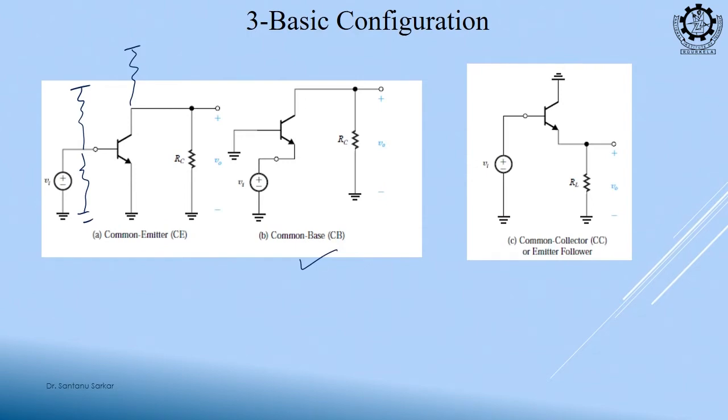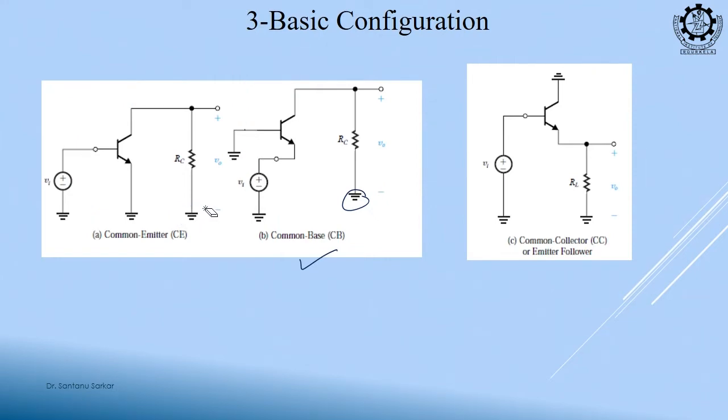Please understand this: this is not the real circuit, this is the AC equivalent circuit. The actual circuit is like this. Similarly, here it is like this, and this is connected to ground. Input source is here. So, you have to take care of all of this. Maybe you need to give a potential divider here and a DC source here also.